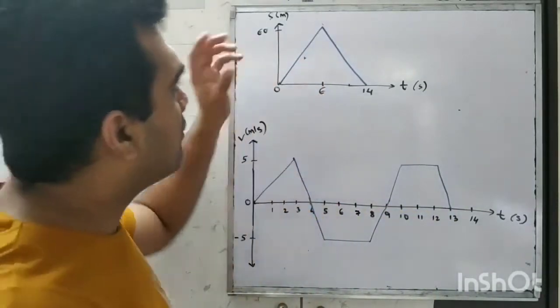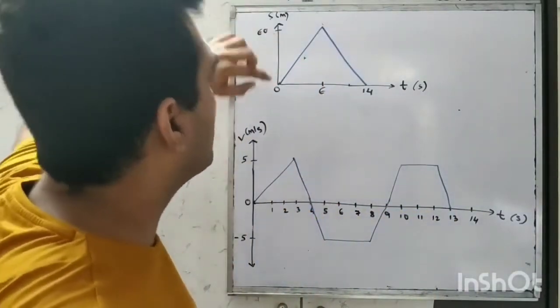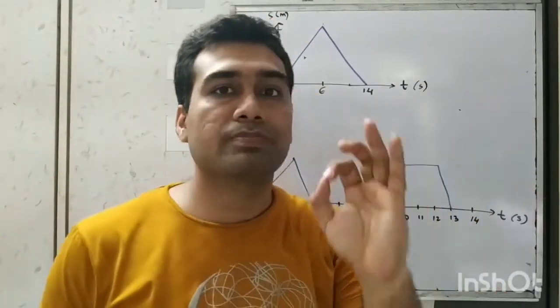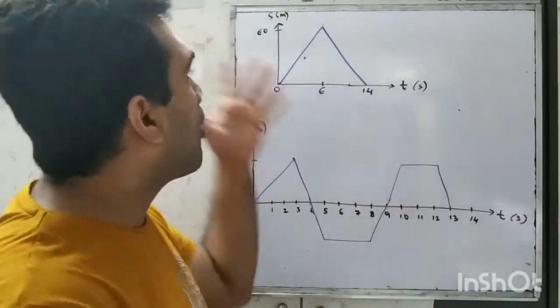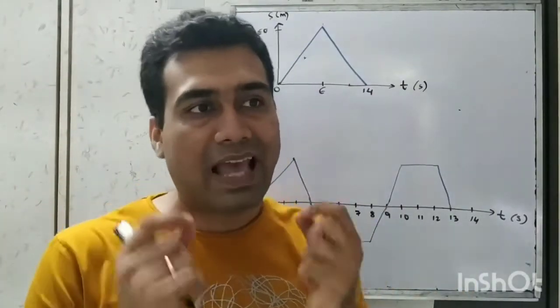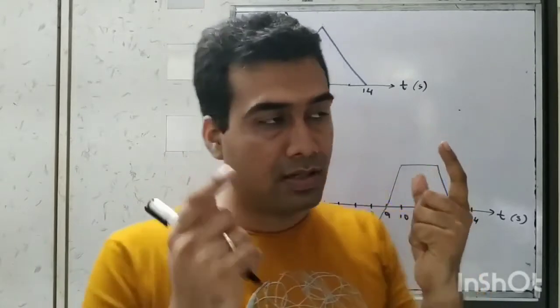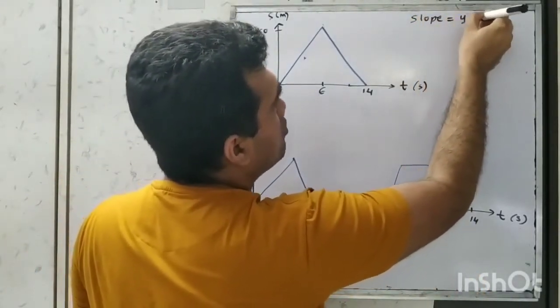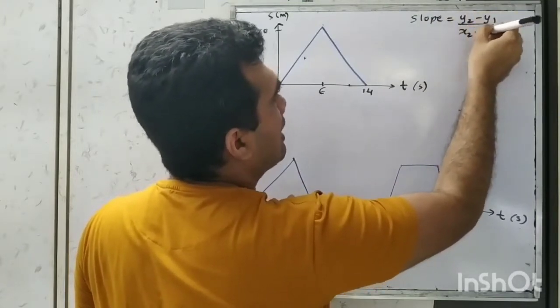And in 6 seconds, it covered a displacement of 60 meters. So I would say the velocity here is 60 divided by 6, 10 meters per second. So from a displacement time graph, we can find the velocity by calculating the slope. Now mathematically, the formula of slope is (y2 minus y1) upon (x2 minus x1).